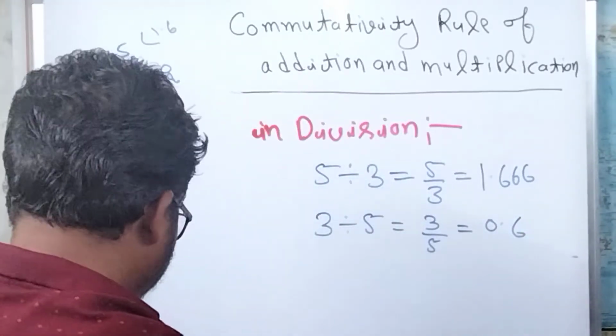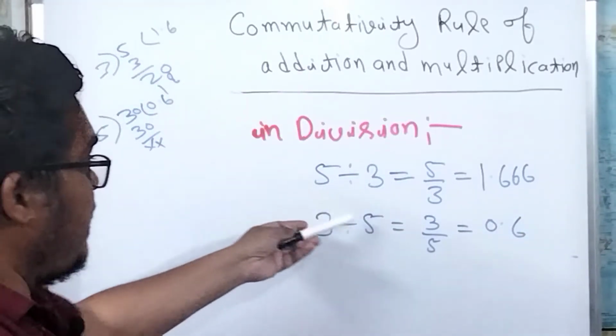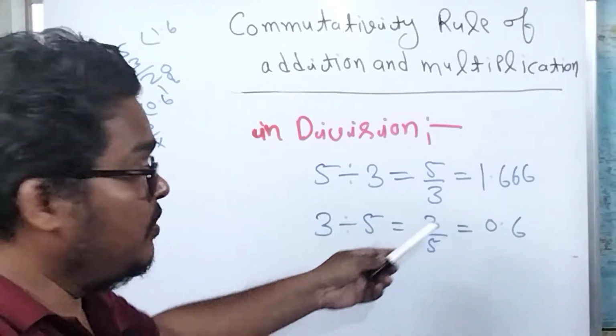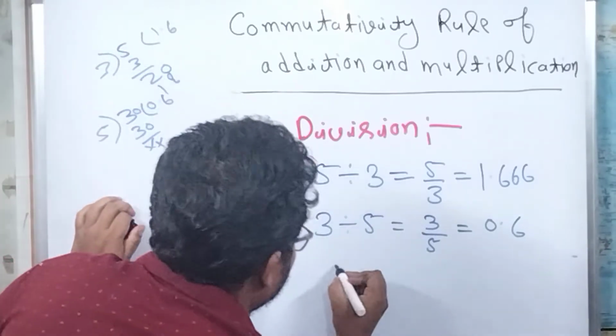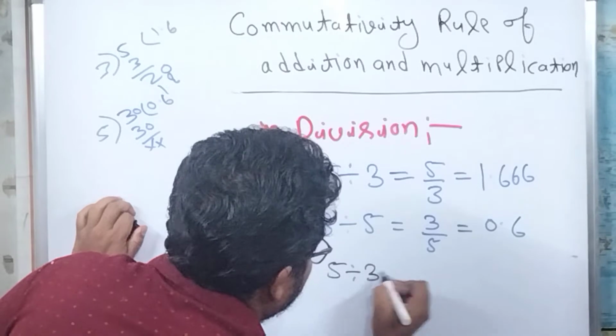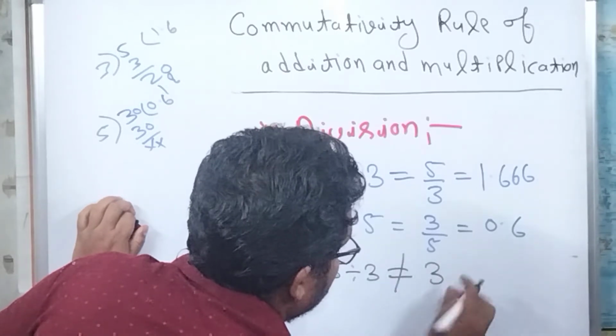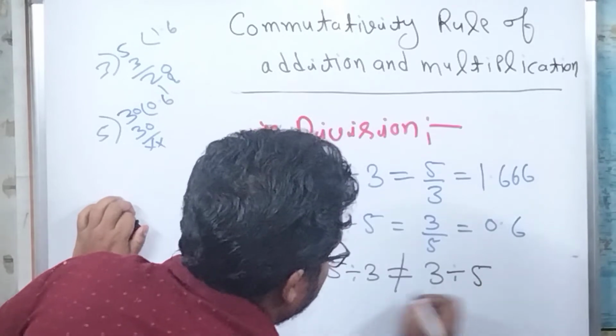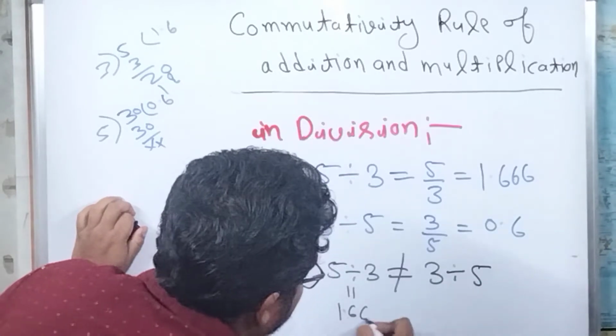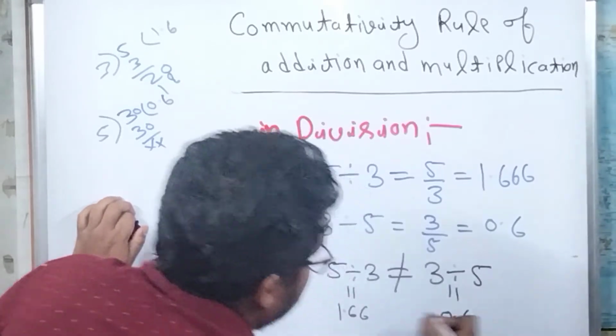Then finally we see that 5 divided by 3 is not equal to 3 divided by 5. This value is 1.66 and this value is 0.6.